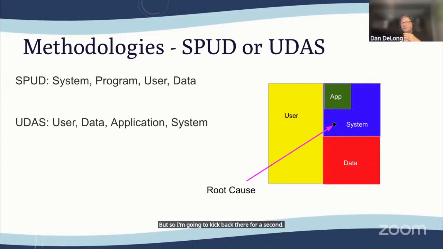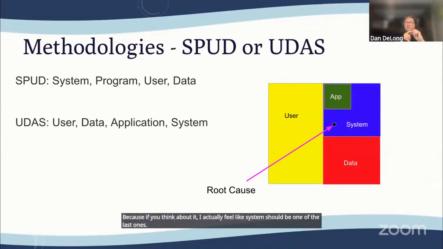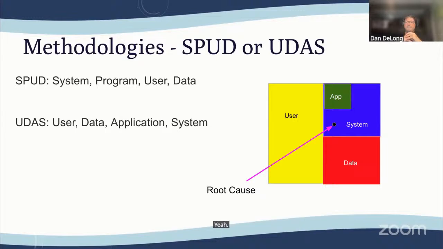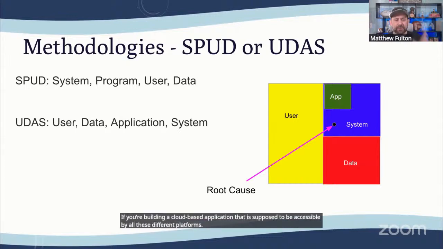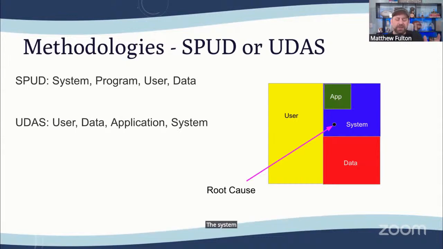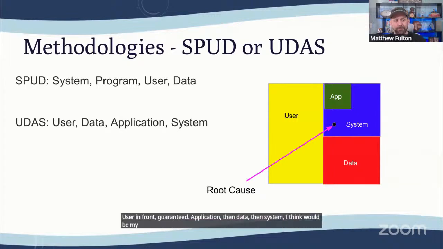Because if you think about it, I actually feel like system should be one of the last ones. If you're building a cloud-based application that is supposed to be accessible by all these different platforms, the system portion of it should be a little bit lower, further down. User in front, guaranteed. Application, then data, then system, I think would be my order of them.